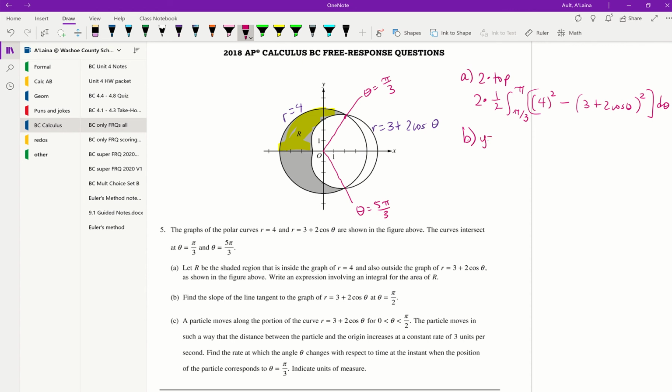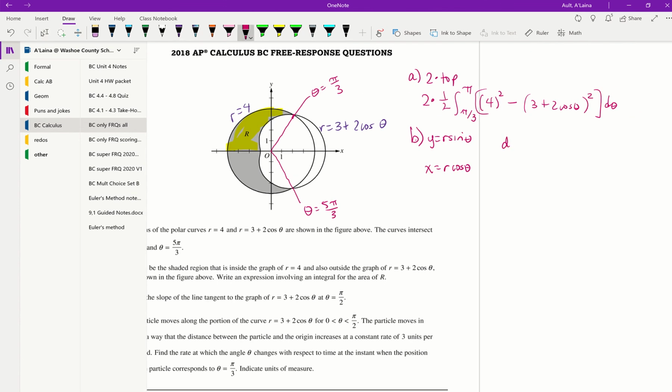You might remember that y is r times the sine of theta, and x is r times the cosine of theta. So if I want to do dy over dx, I would do the derivative of y with respect to theta. So the first times the derivative of the second plus the second times the derivative of the first.